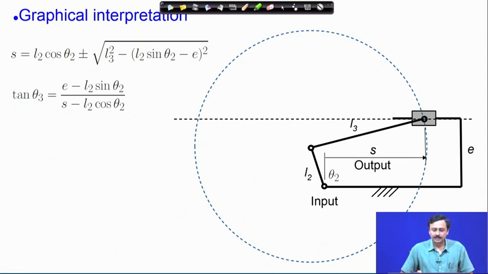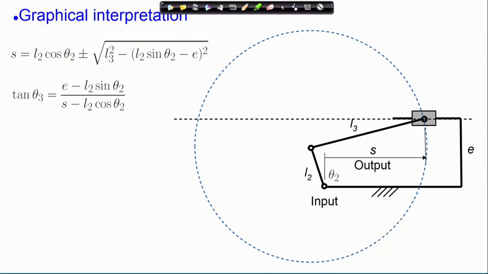Let us understand the solution now graphically. So, here I have drawn the mechanism once again. This angle is theta 2, which is specified.